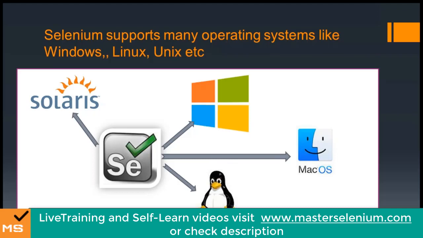Wherever there is the capability of installing Java and Eclipse, in all those operating systems we can automate things, as simple as that. It supports multiple operating systems. This is also one of the best advantages of Selenium when compared to other automation testing tools.